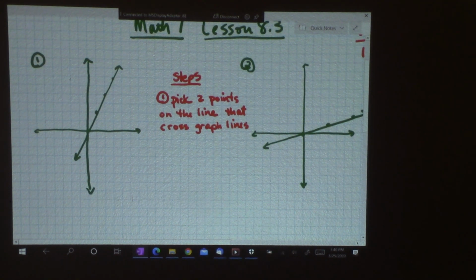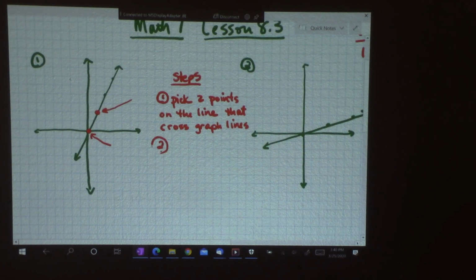Okay, now on your paper you're not going to see these. I already have some marked in number 1, but the thing I'm going to do is pick 2 points on the line. Now those are special points. I could pick a point anywhere on that line, but you can see that right here, these 2 points cross my blue graph lines. I want that.